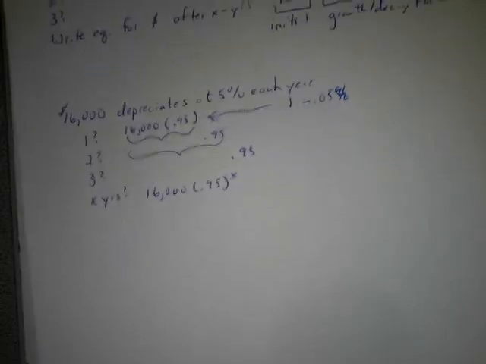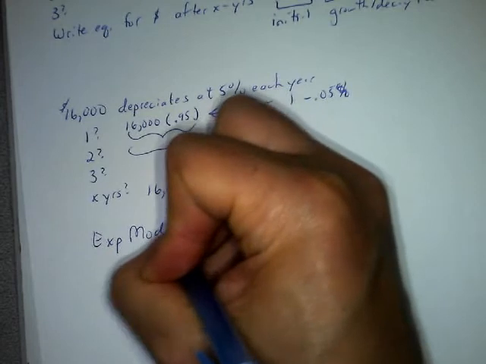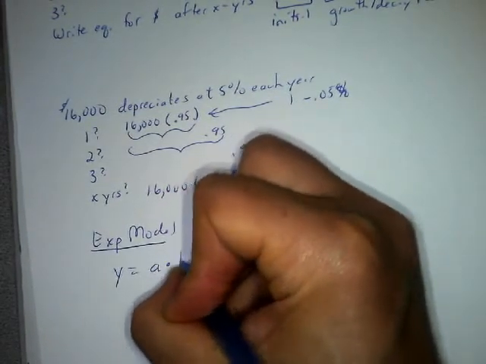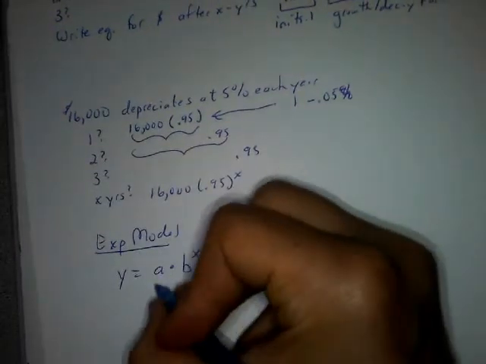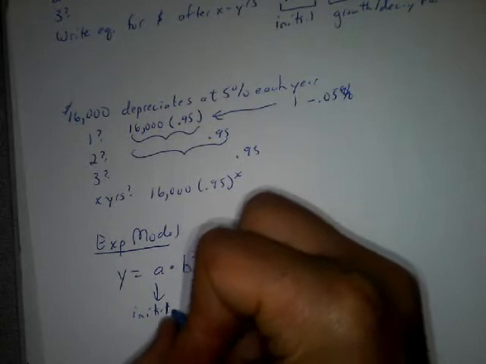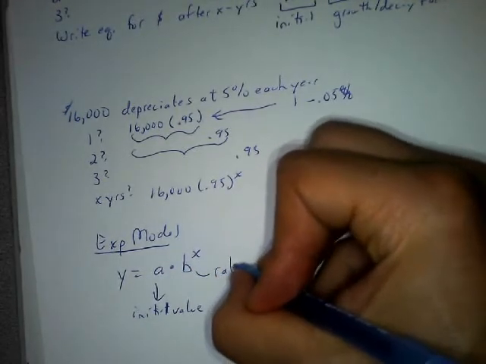So an exponential model looks like the following. We have y equals a times b to the x power, where a is the initial value, and b is the rate of growth or decay.